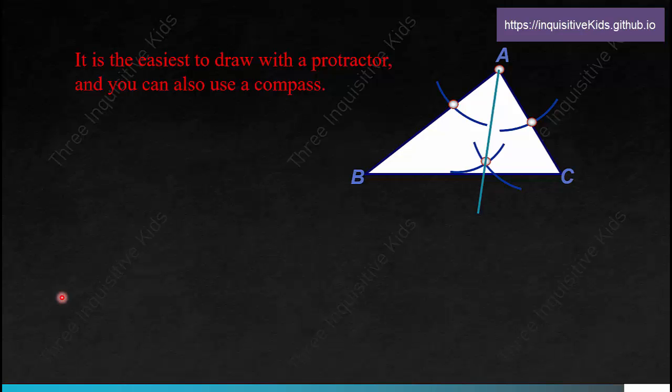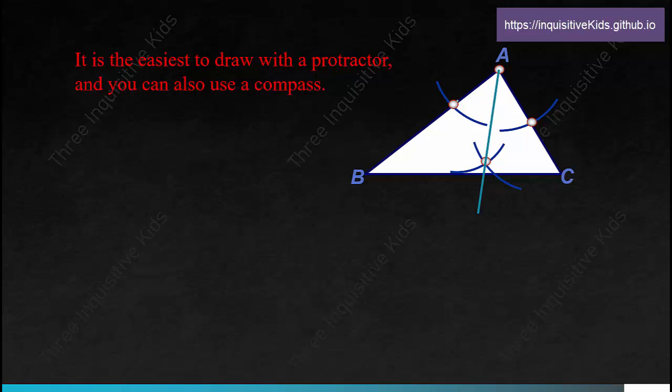What you do is you take a compass, set it to a random radius, and make an arc on AB and on AC, and the center of both of those arcs is on vertex A. As you can see, one point on this arc intersects with AB, and one point on this arc intersects with AC.